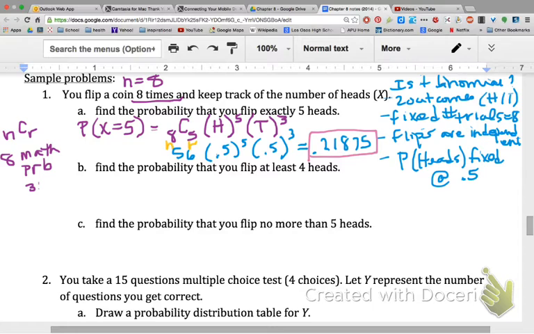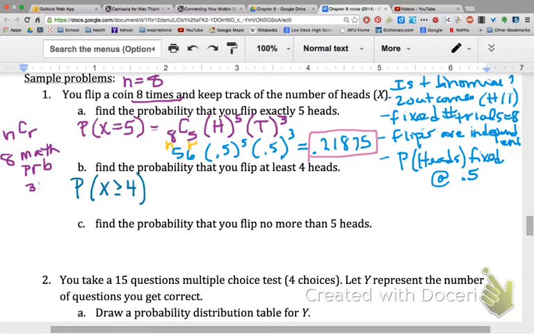On the next one, this time I want to find the probability that I flip at least 4 heads. So at least 4 means I could do 4 or 5 or 6 all the way up to 8. So it's going to be greater than or equal to 4.